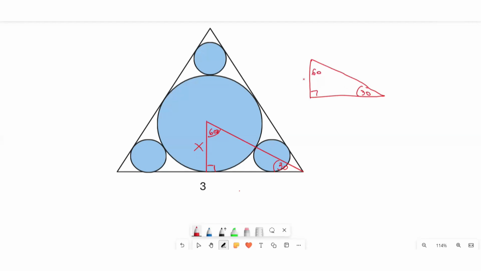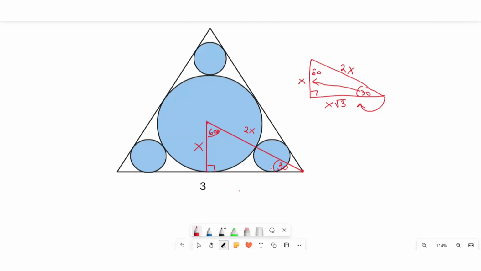The opposite side to the 30 degrees is X, then the hypotenuse is 2 times the opposite side, and the adjacent side is the opposite side multiplied by the root of 3. This is the general idea. What this means is that this hypotenuse here is 2x overall, from the center of the circle to this vertex right here.